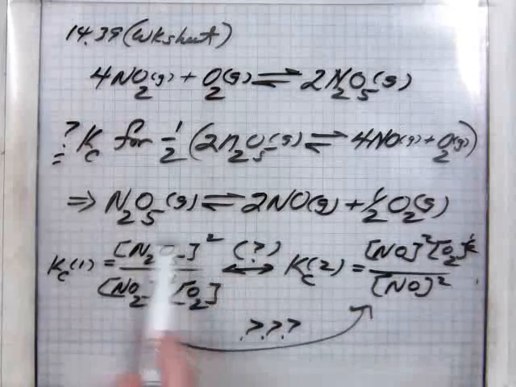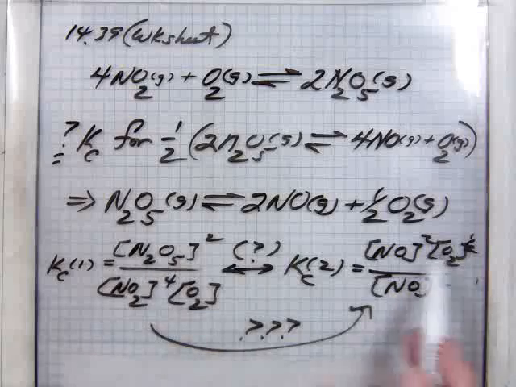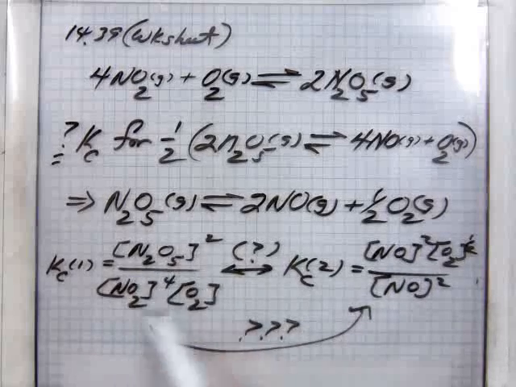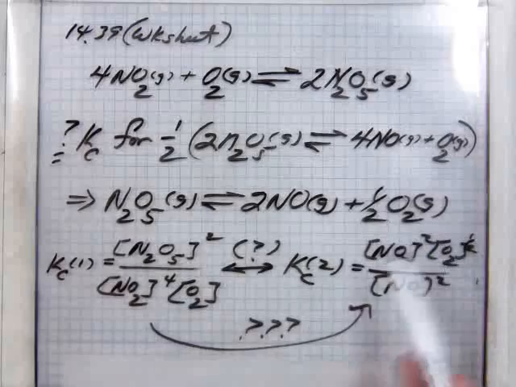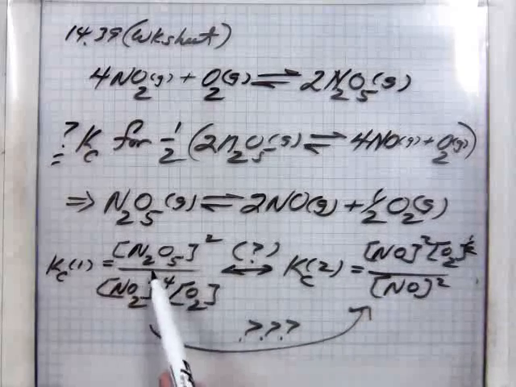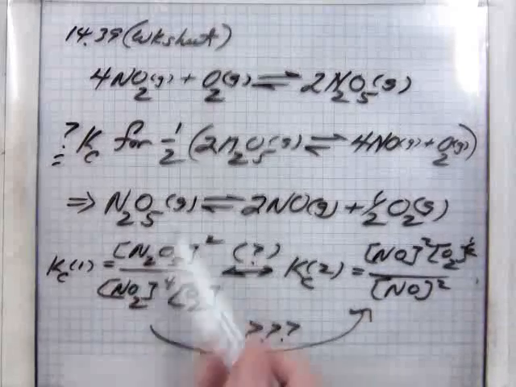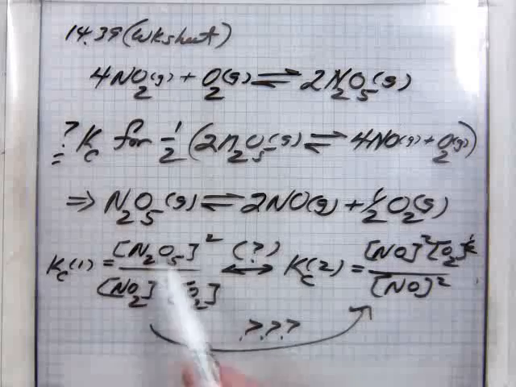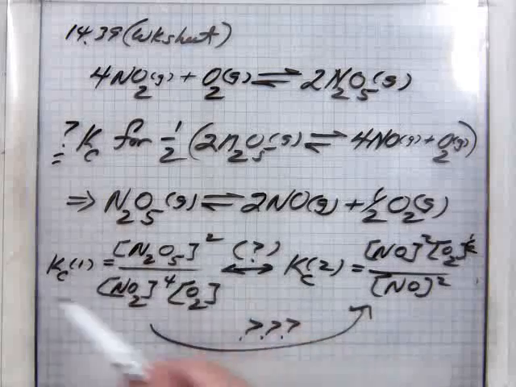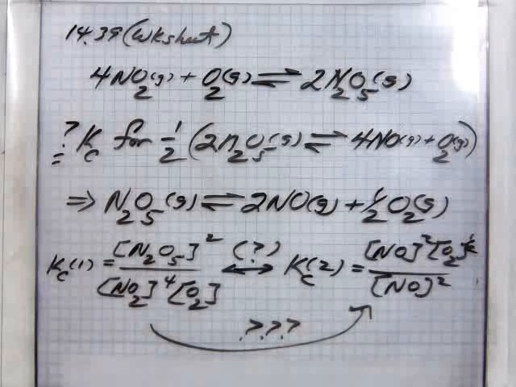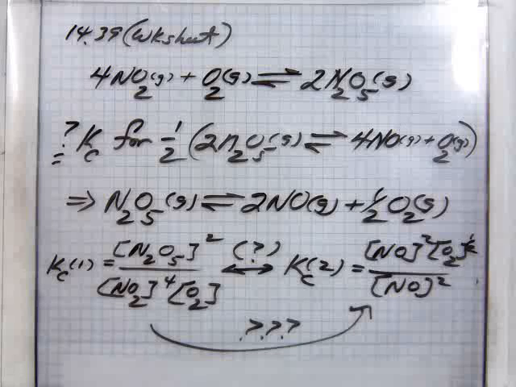Look at this, and then look at this. What did you do between this one and this one? If you take this one and flip it over, all you did was take the reciprocal of the square root. Everybody see how that's a reciprocal of the square root?